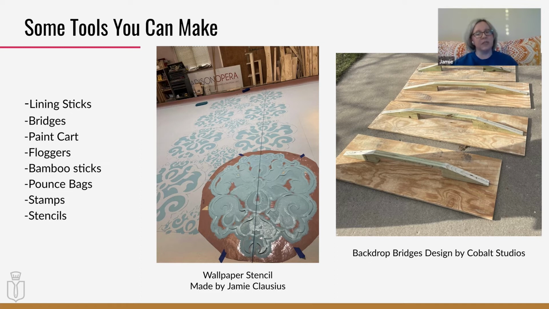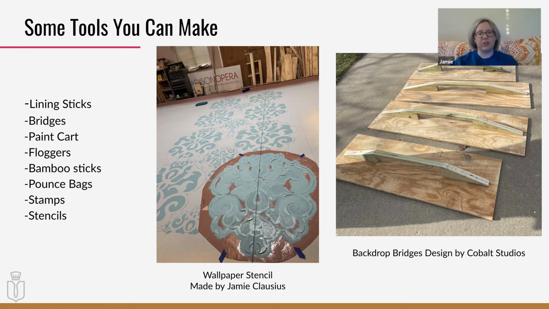Lining sticks are going to be a long piece, usually of molding with a handle on it, and that's meant to draw your straight lines throughout your drop. You can also use your snap lines as well, but the lining sticks help in a myriad of ways of painting and drawing straight lines on your drop.